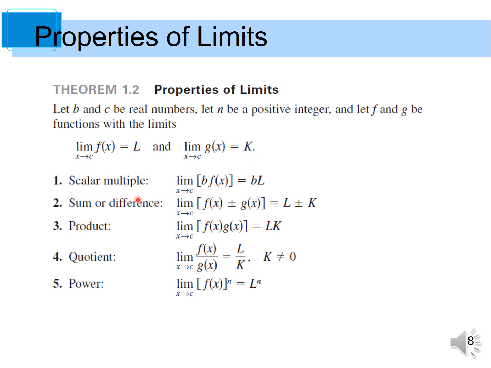For the scalar multiple, the limit of b f(x) when x tends to c is bL. For the sum or difference, the limit of f(x) plus or minus g(x) when x tends to c is equal to L plus or minus k. And you apply similar properties for the product, quotient, and power.